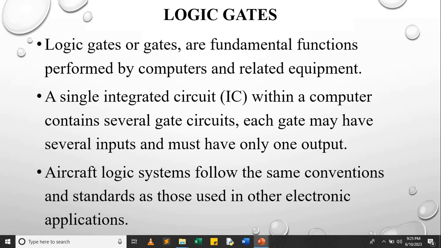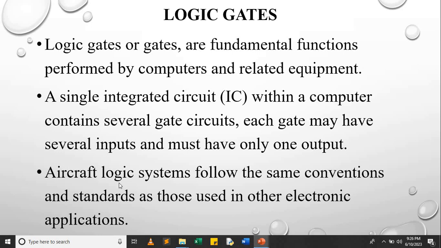One output, but you can have several inputs. And you always hear IC. So I want you to understand, when you go to a mechanic and he tells you your IC got burned, you know what the IC is talking about. It's talking about an integrated circuit. An integrated circuit is made up of thousands of transistors.